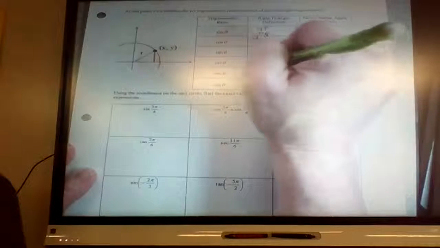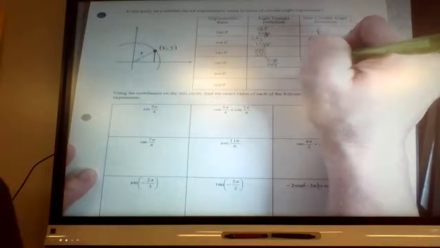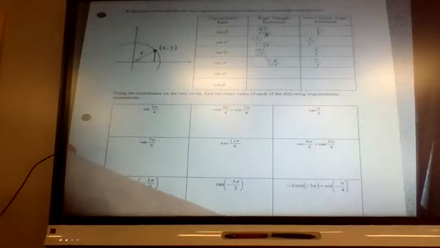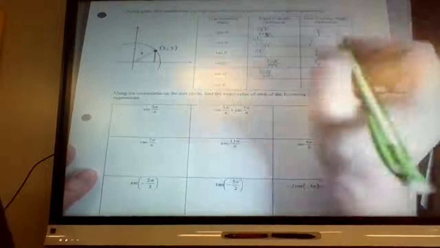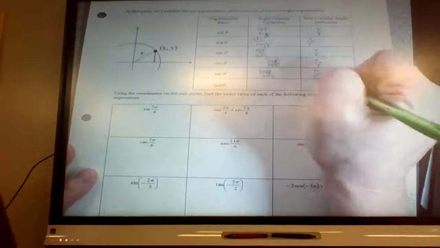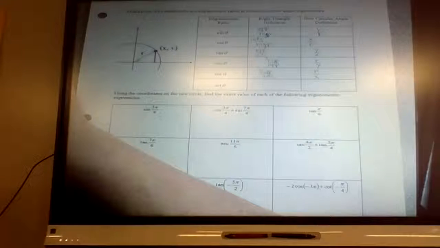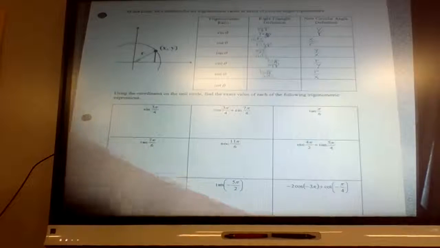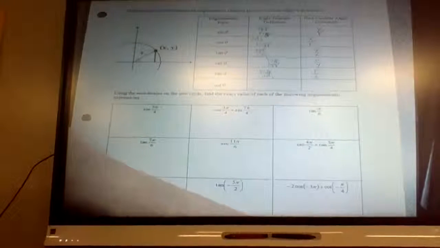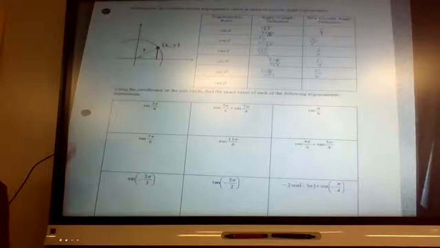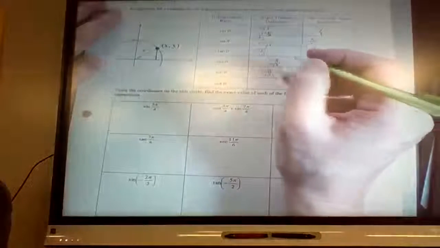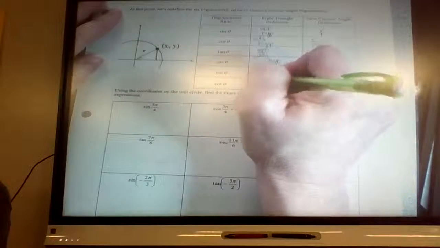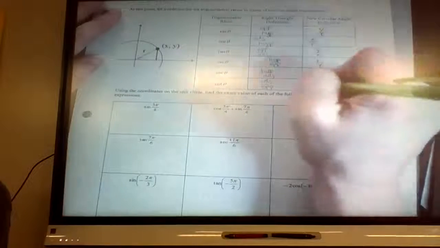Now we're going to say r over y. Secant used to be hypotenuse over adjacent, and now we're going to say r over x. And cotangent was adjacent over opposite, and now it is x over y.